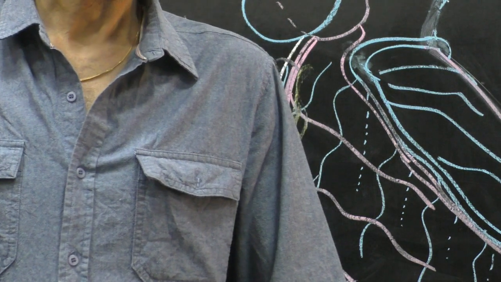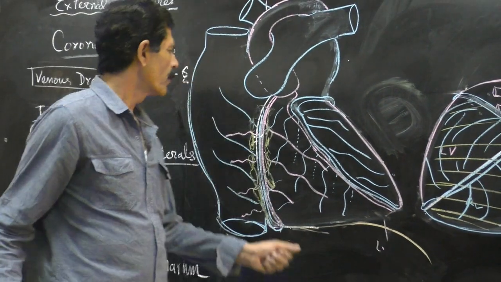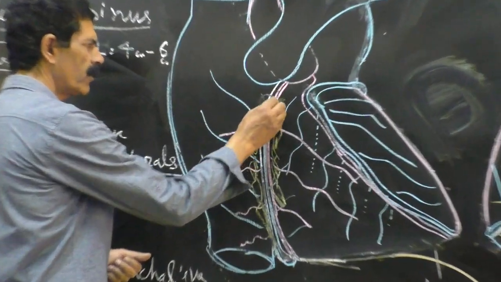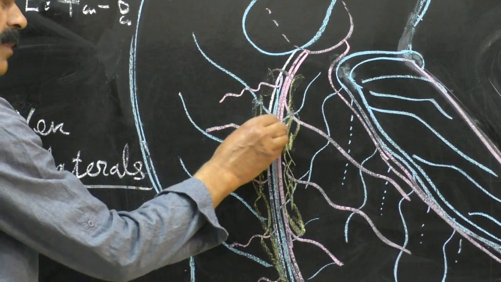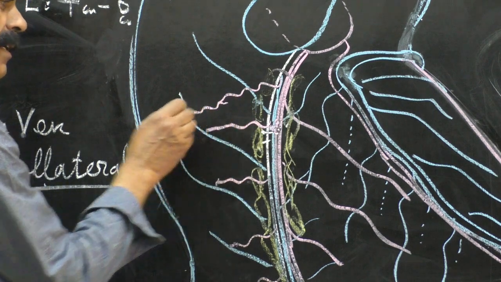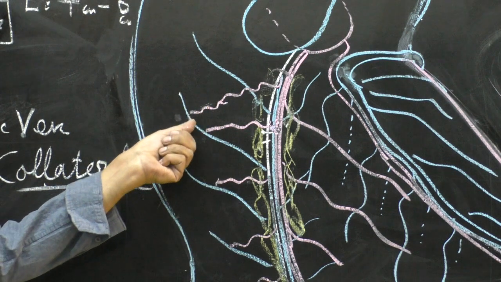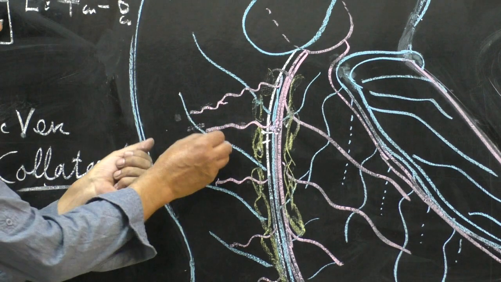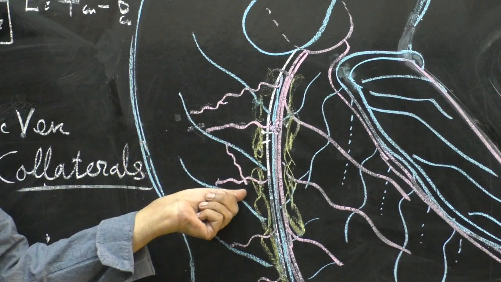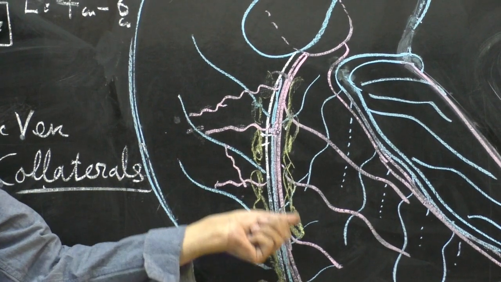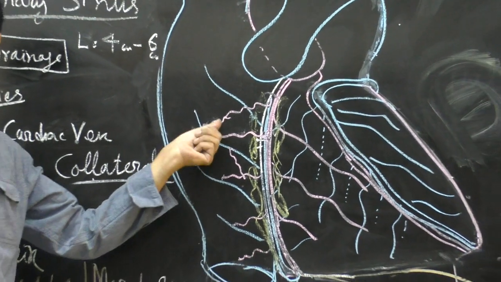So because of the collateral formations, the circulation of the blood is still present, because now no blood is coming from this point. But the artery which was proximal to the obstruction of the coronary artery is communicating with this. Now blood can go from here, and from here it can go up to here, or it may go along with the communication. So blood to the distal vessel of the coronary vessels can be collaterally supplied by these collaterals.